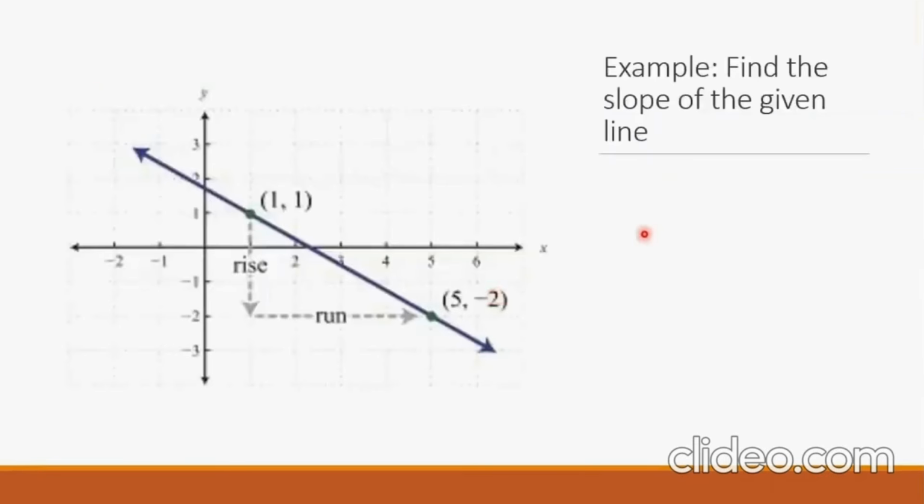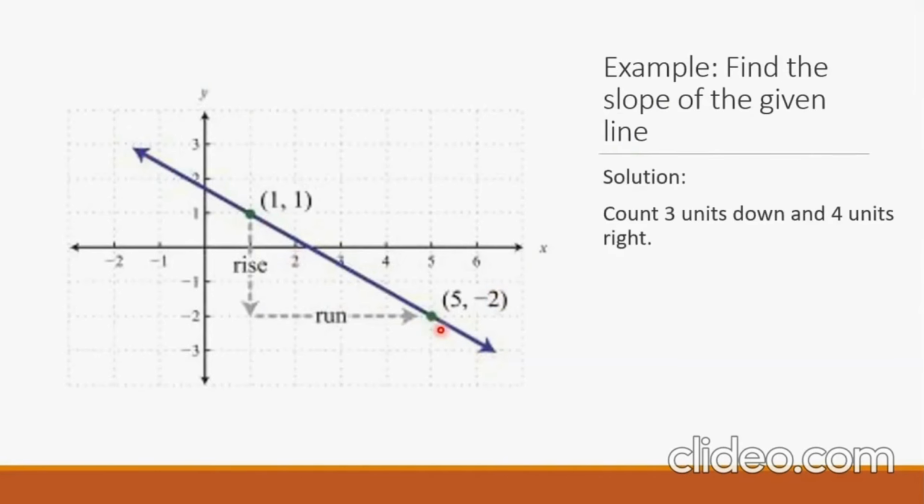Let us have an example. Find the slope of the given line. On this line, there are 2 points, the 1, 1 and the 5, negative 2. So the formula of slope is m equals rise over run.